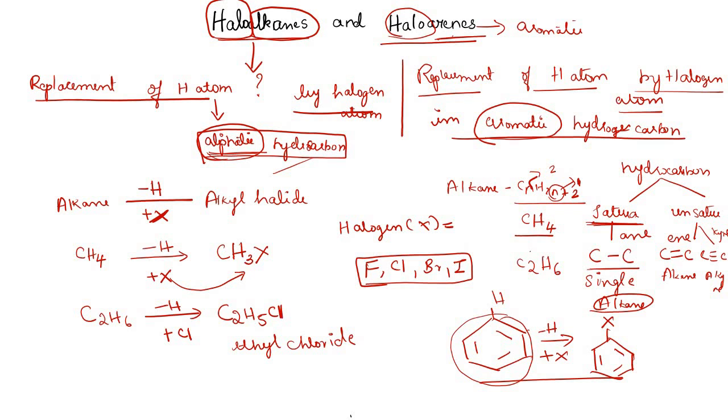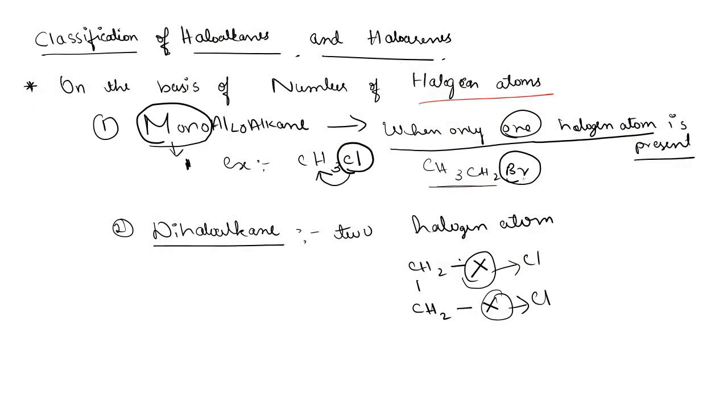You have also learned they are classified as monohaloalkanes, dihaloalkanes, trihaloalkanes, etc., depending upon the number of halogen atoms attached.